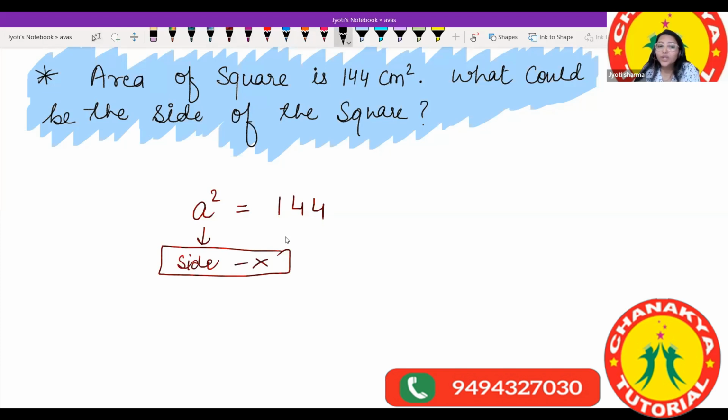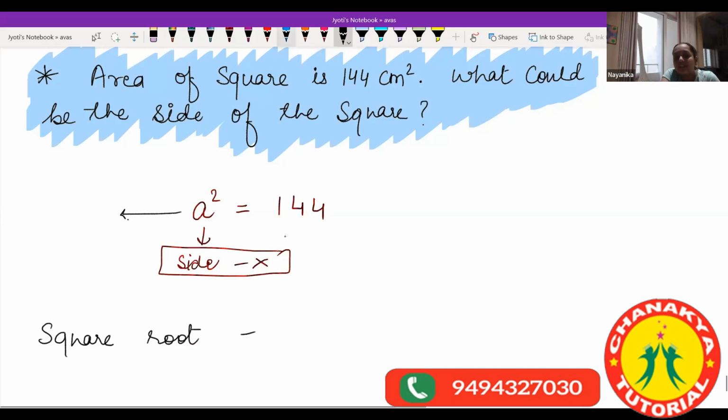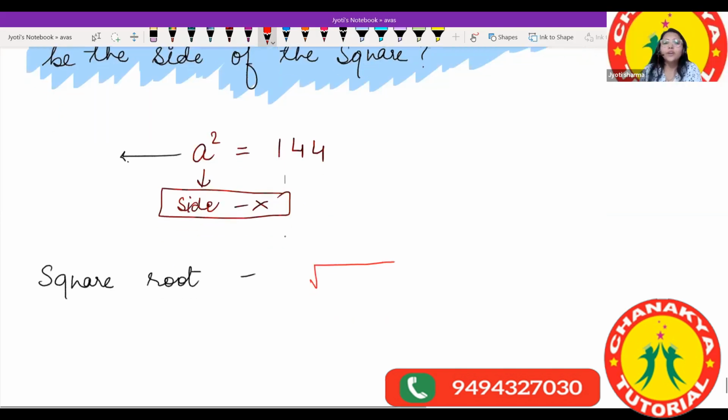So whenever you are finding the original number, which number you multiplied to find your perfect square, that is known as a square root. Now, what is the sign of a square root?